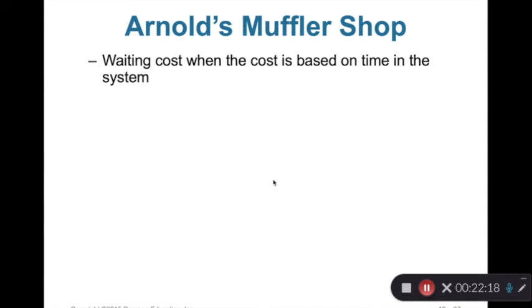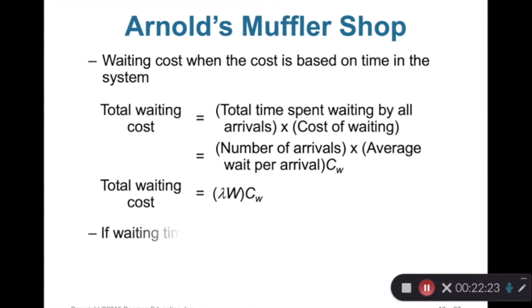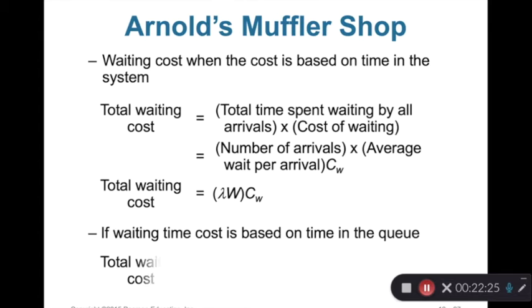This is service cost, but also we need to look at the waiting cost. We want to look at two kinds of waiting cost. The first one is based on the time in the system. The second one is based on the time in the queue. Let's look at the first one. The waiting cost is based on the time in the system.